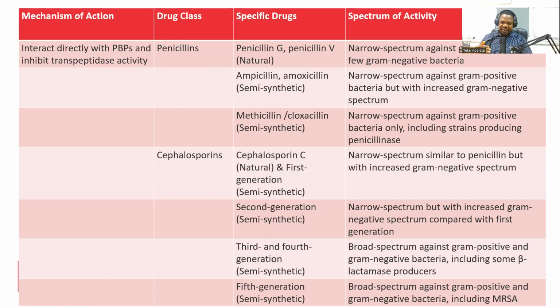So we will see that with the cephalosporins, as we move from first generation to second, third, fourth and fifth generation, their activity against gram-negative also increases. Okay, so the second generation cephalosporins have a narrow spectrum, but with increased gram-negative spectrum compared to the first generation.